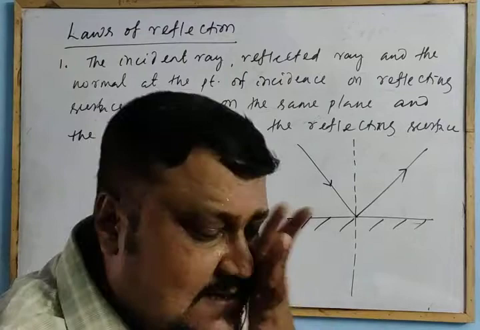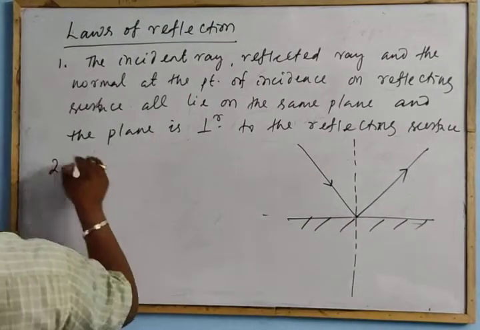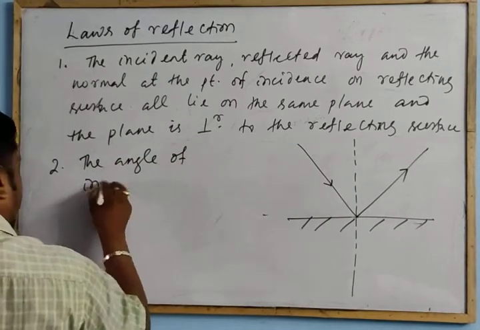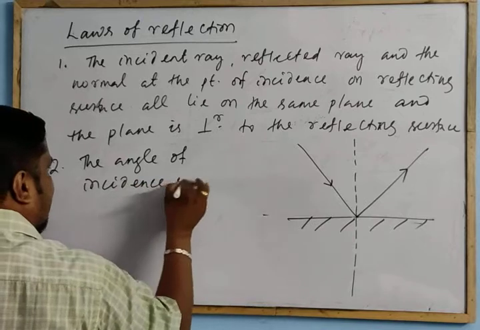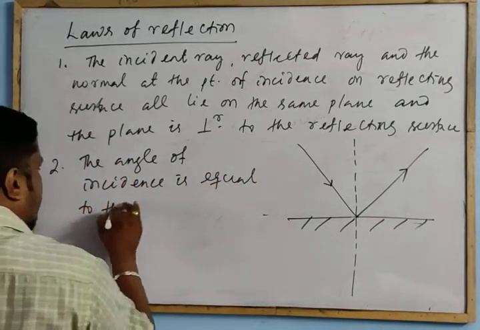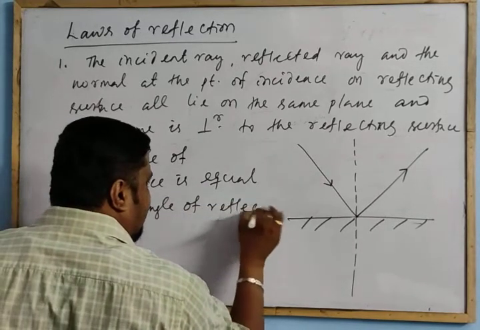This is the first, and the second one is the angle of incidence is equal to the angle of reflection.